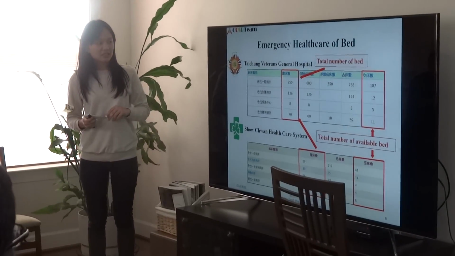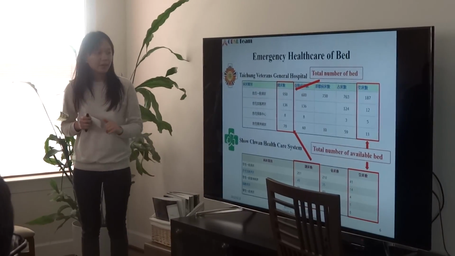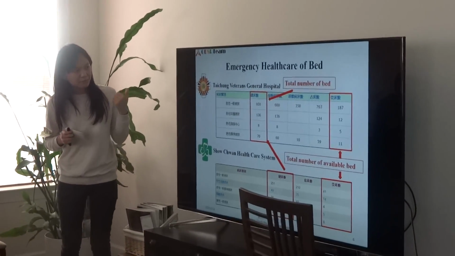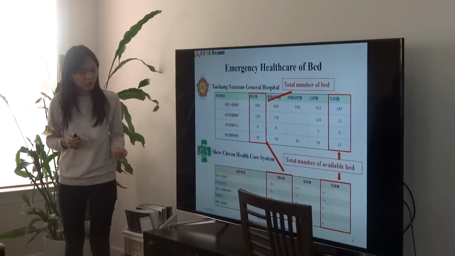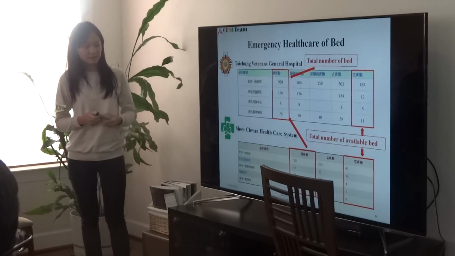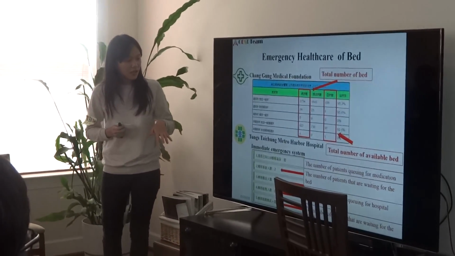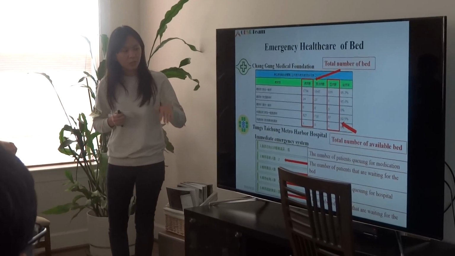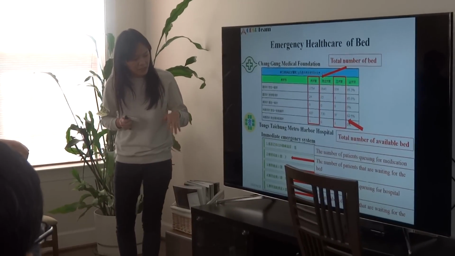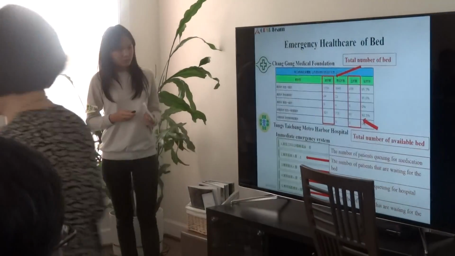Every 20 minutes, the nurses put up updated information about how many beds are available in the hospital and the total number of beds they have. Some hospitals also provide the number of patients currently waiting, and the number of patients waiting for the doctors too.